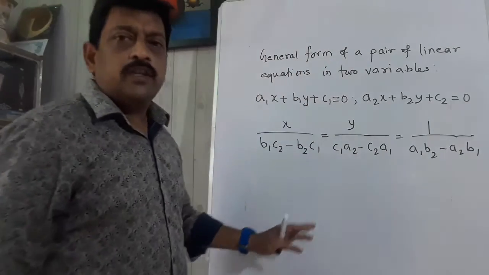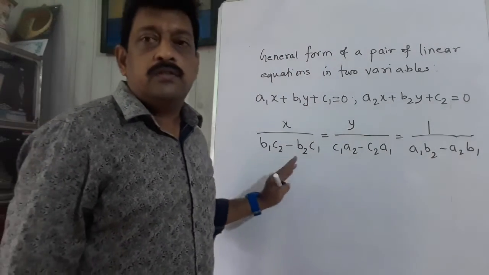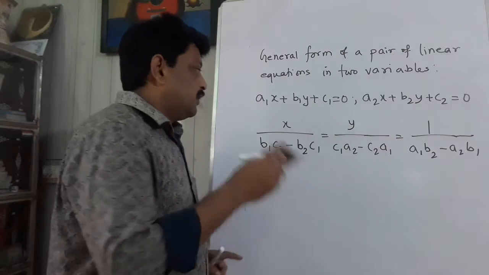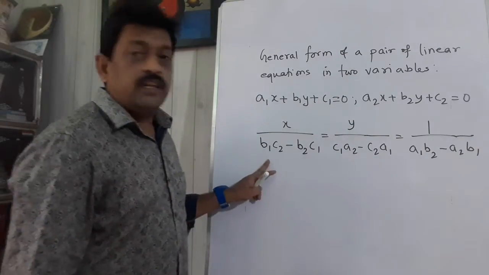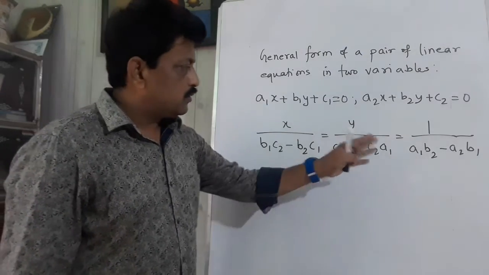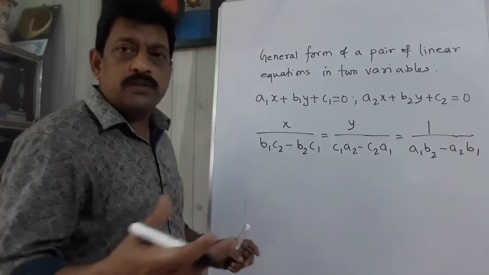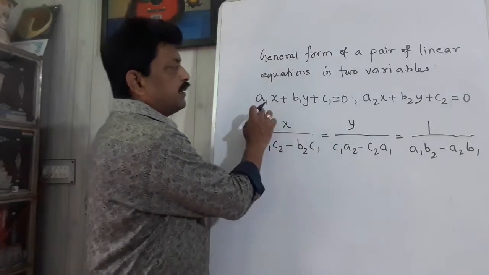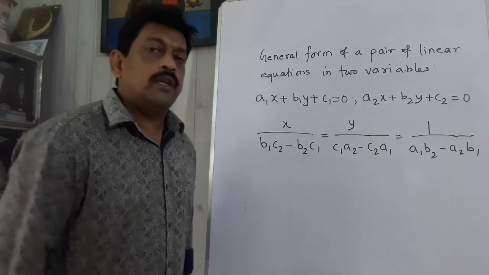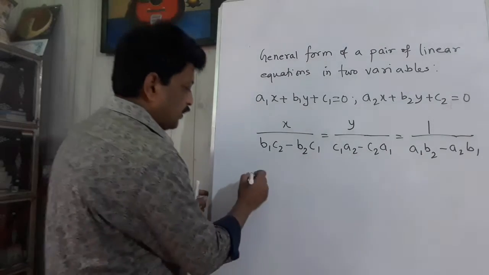This is in the form of an equation, and it is used to find the values of x and y directly, by putting in the values of a1, b1, c1, and a2, b2, c2 from the given equations. Then we can easily calculate the values of x and y.